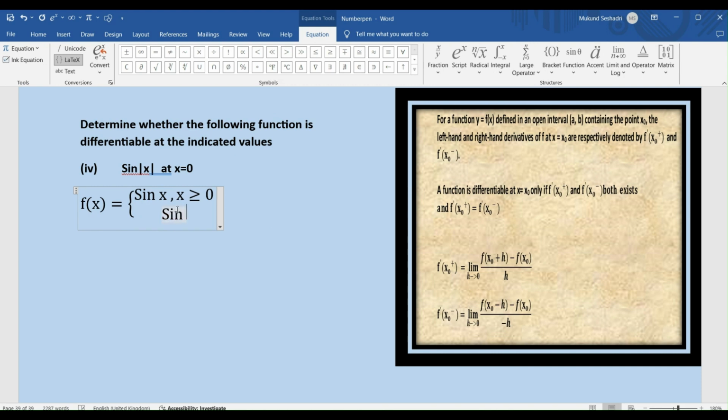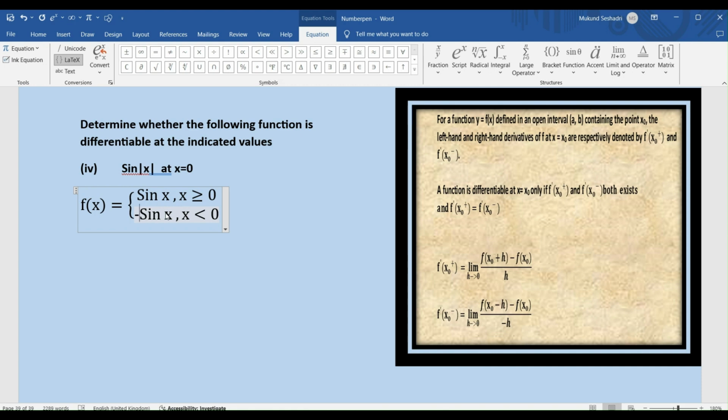So I will write it as sine of bracket minus x for x less than 0. We know that sine of minus x is always minus sine x, so I can rewrite this comfortably as minus sine x.